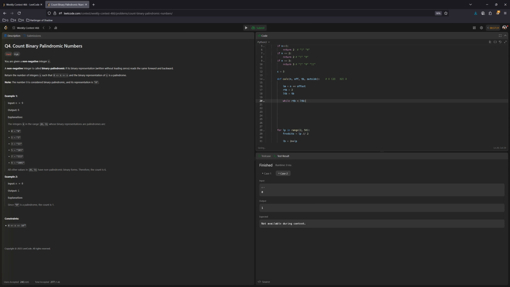So while right tracking bit is less than left tracking bit, then we will say if right tracking bit and n. No. Maybe I'm going about this wrong.